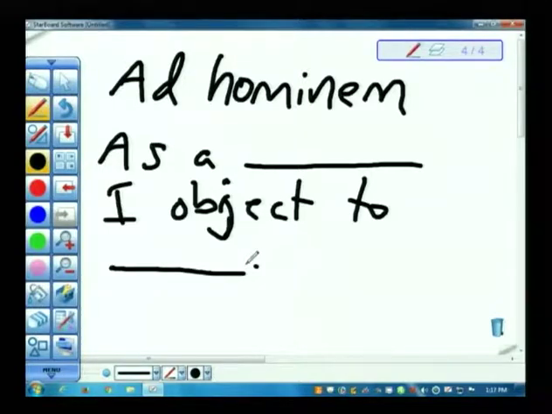And so this idea that who you are matters, when you say I object to blank, which usually means blank is illegitimate. As a woman, I object to any laws that say I can't do whatever I want to my own body. As a person of color, I object to Confederate monuments.